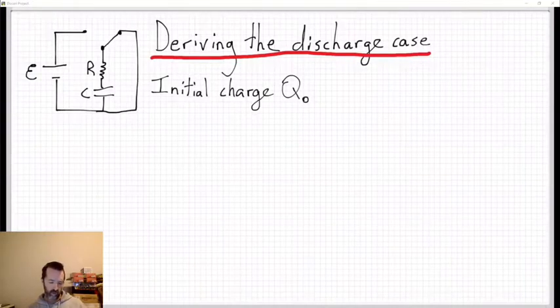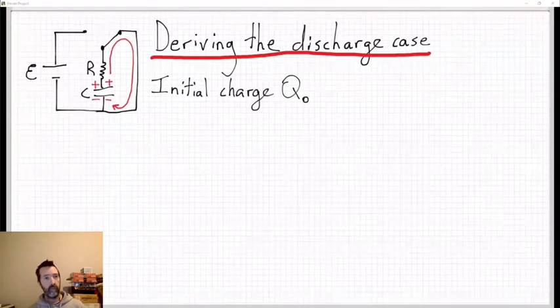So I'm going to draw some pluses and minuses on the plate. I know that the top plate is a positive one based on the way the battery was facing. And I know that the current is going to flow clockwise, in this case, while the plate's neutralized.